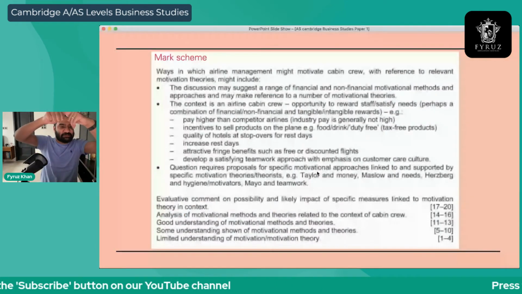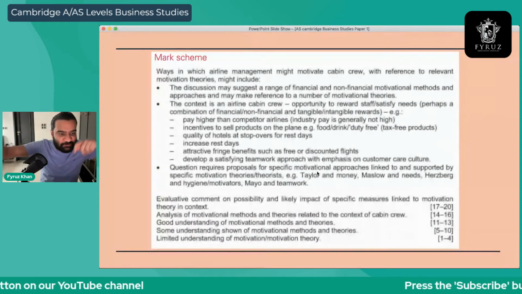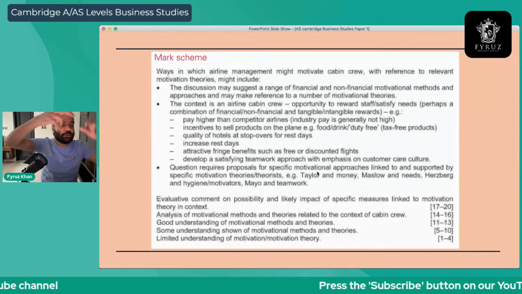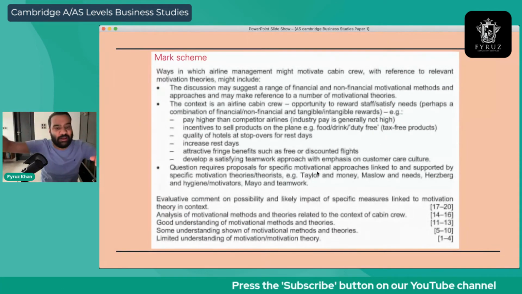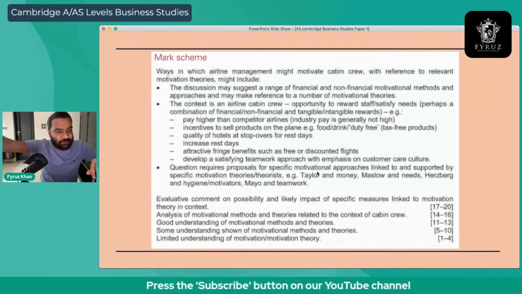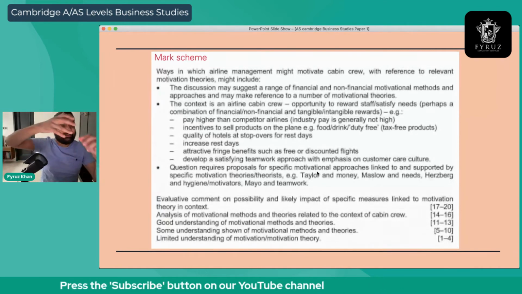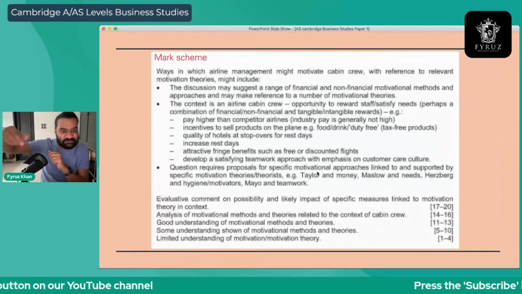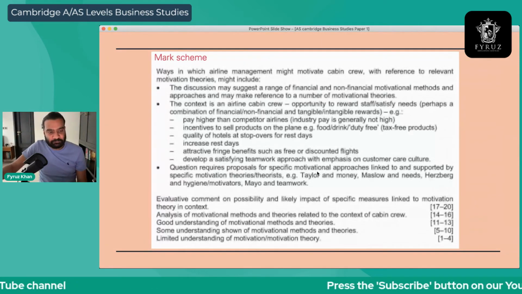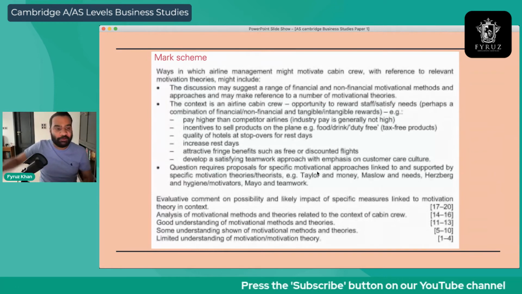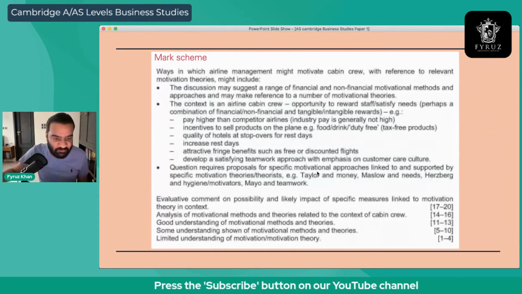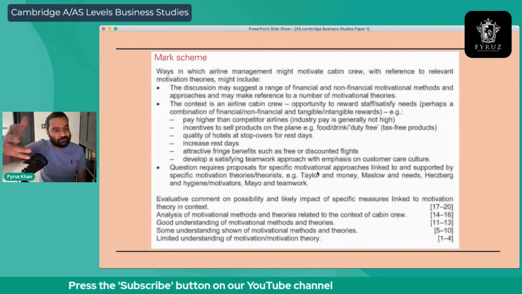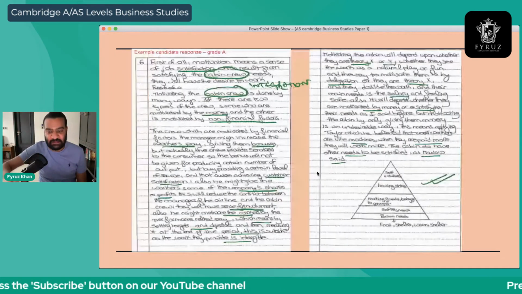Financial methods, okay, paying wages, paying salaries, piece rates, non financial methods like training and quality circles and so on. And then theories: Taylor's theory, Herzberg's theory, theory X, theory Y, Maslow's theory, and you can also draw Maslow's diagram if you want. Okay, so that's the mark scheme. And let's have a look at this answer.